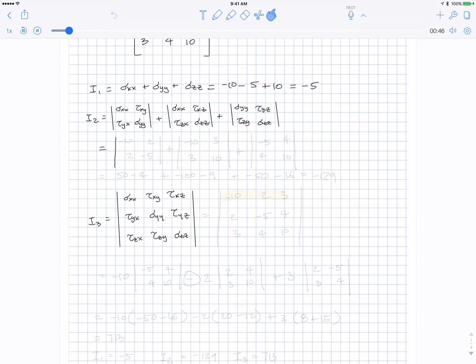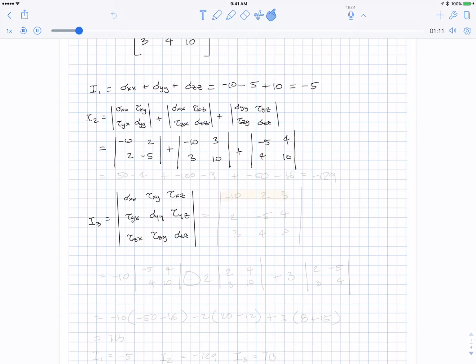So sigma xx is minus 10, 2, 2, minus 5, that determinant, plus the determinant of sigma x and z, so it's minus 10, 10, and then 3 and 3, and this combination is y and z, so minus 5, 10, 4, and 4.